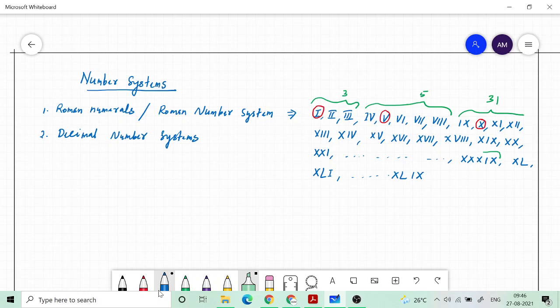Okay, so you can go up to this. This is basically 49, and after that comes 50. So 50 is just L. So this is the new symbol that we have introduced.